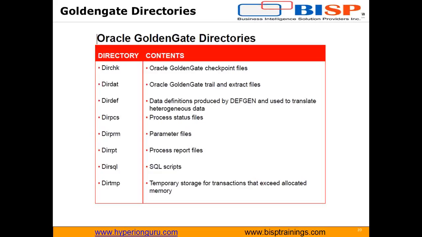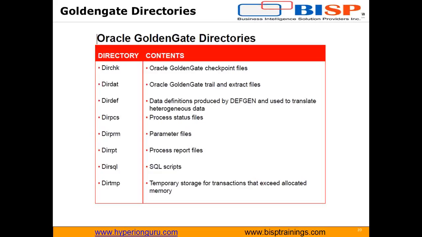Now dir def, this is the definition directory. Why do we use this definition directory? Why do we need to generate the definition? We discussed that Goldengate works in a heterogeneous environment. It also works when the structure of two tables on source and target differs.